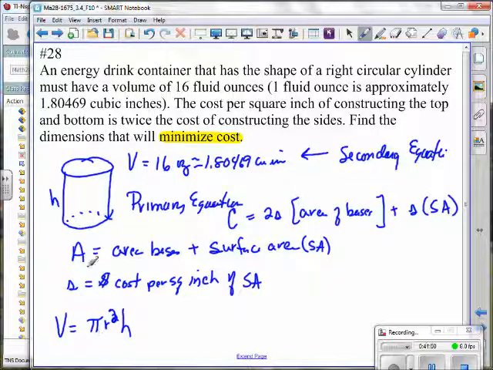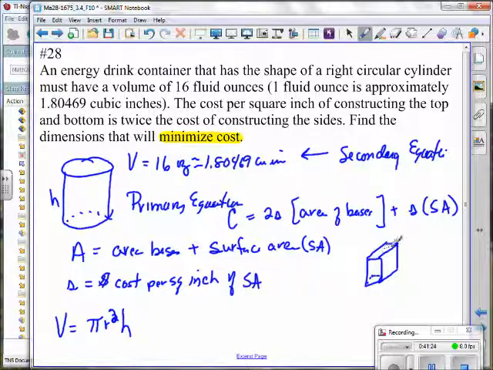What's pi r squared? Area of a circle. Okay. So if I have the area of a circle, how do you find the volume of a box? You do what?